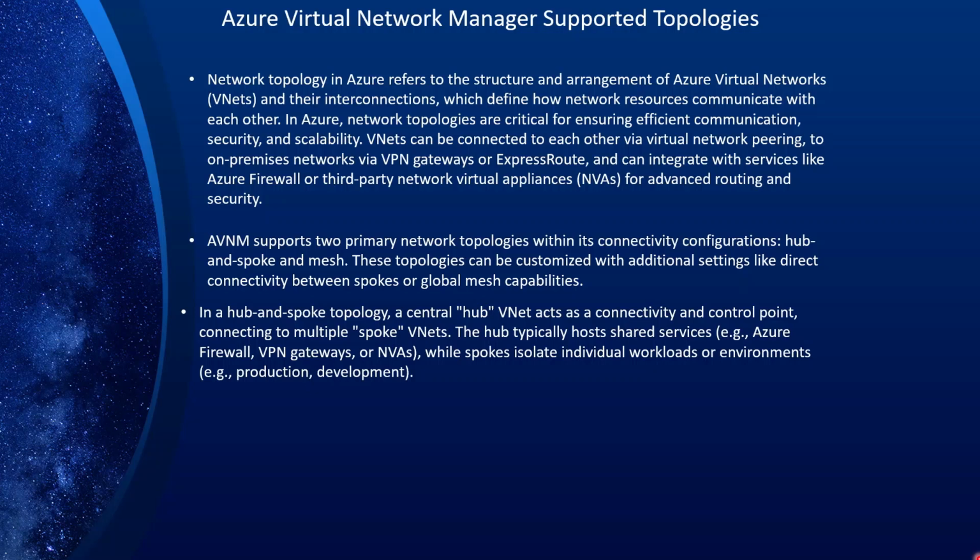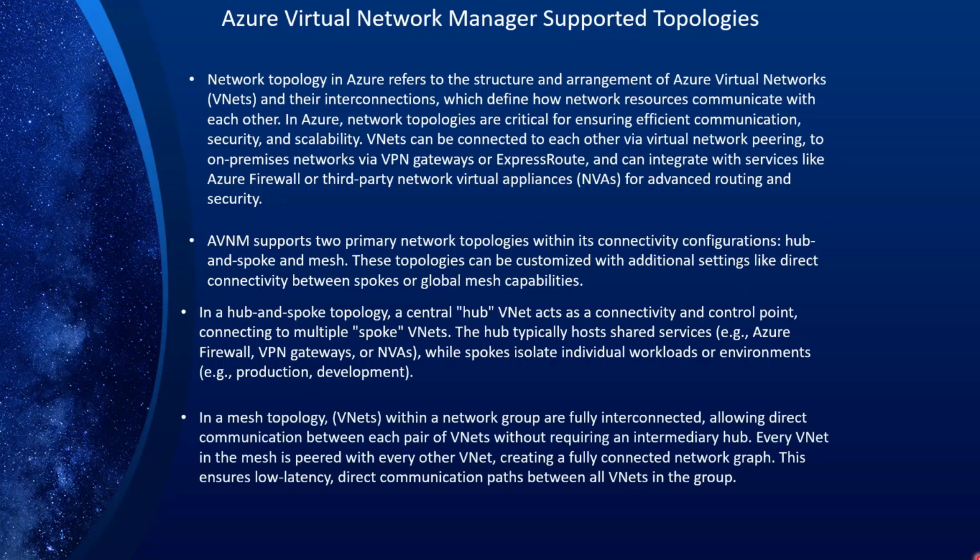In a hub and spoke topology, a central hub VNet acts as a connectivity and control point, connecting to multiple spoke VNets. The hub typically hosts shared services, for example Azure Firewall, VPN gateways, or NVAs, while spokes isolate individual workloads or environments, for example production versus development.